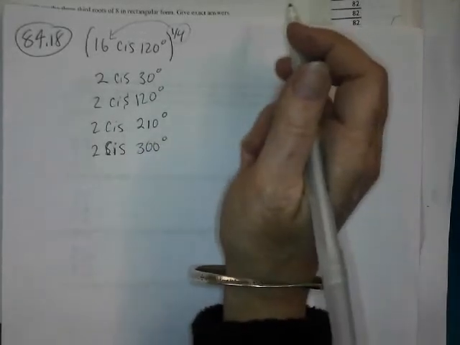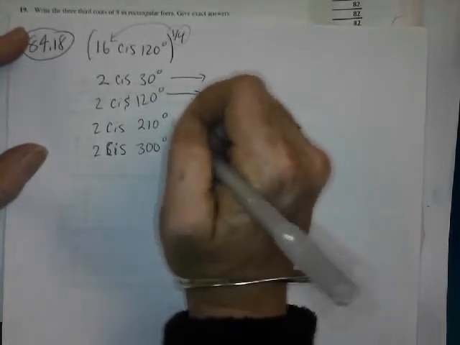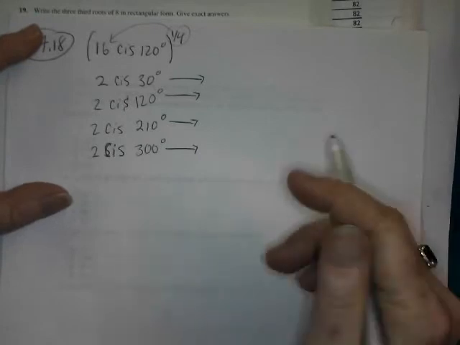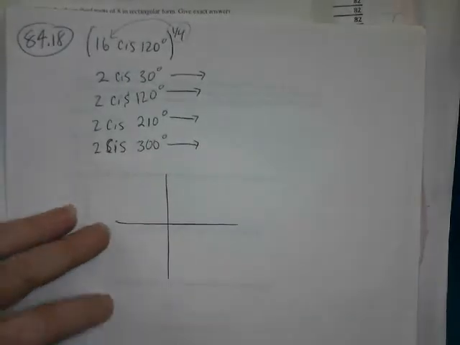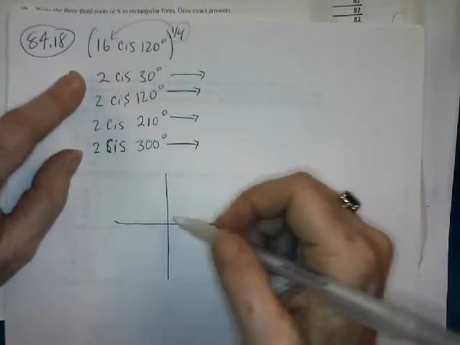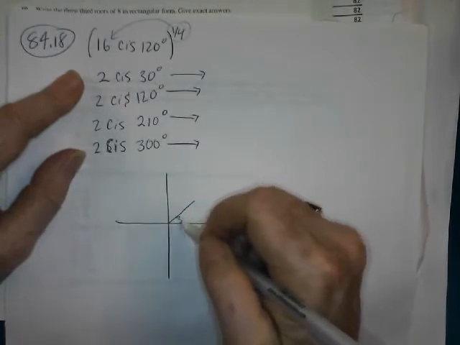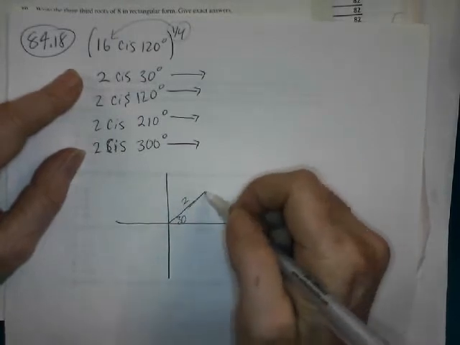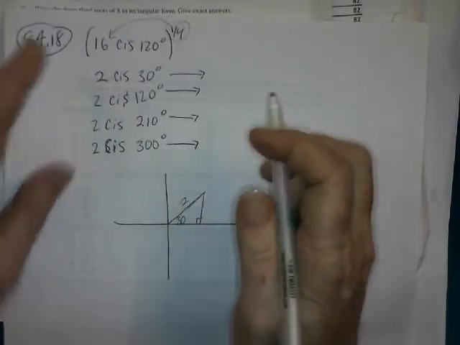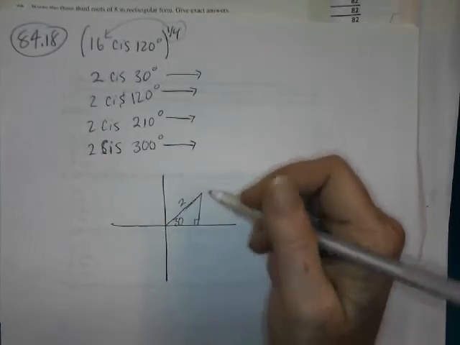Okay, so it said write it in rectangular, so each one has its own rectangular form. I guess I can show it down here. This one, the hypotenuse or the radius would be 2, and it'd be at 30 degrees. It wants exact answers, so that's a 30, 60, 90.